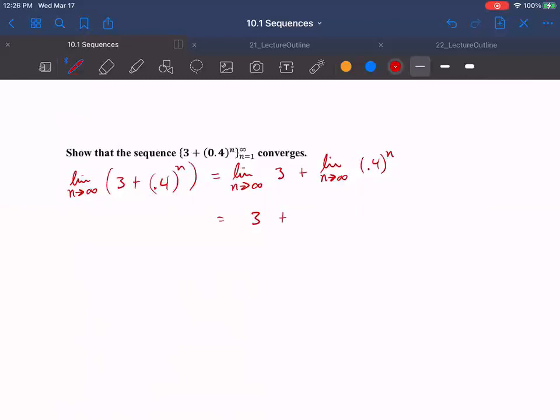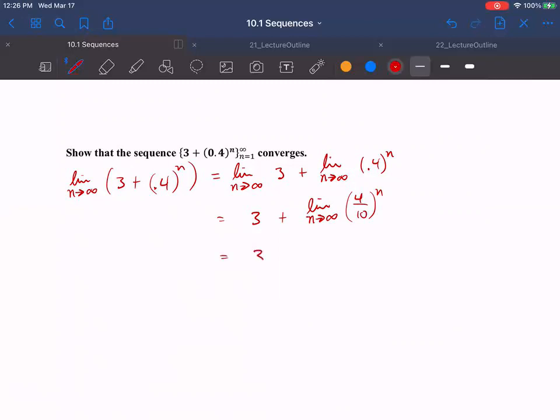And then this one, we can look at it this way if you want. You can make it the limit as n goes to infinity of 4/10 to the n. And what's going to happen as we keep multiplying that together? 4/10, 4/10, 4/10, 4/10. It's going to go to 0. It's going to get smaller and smaller.